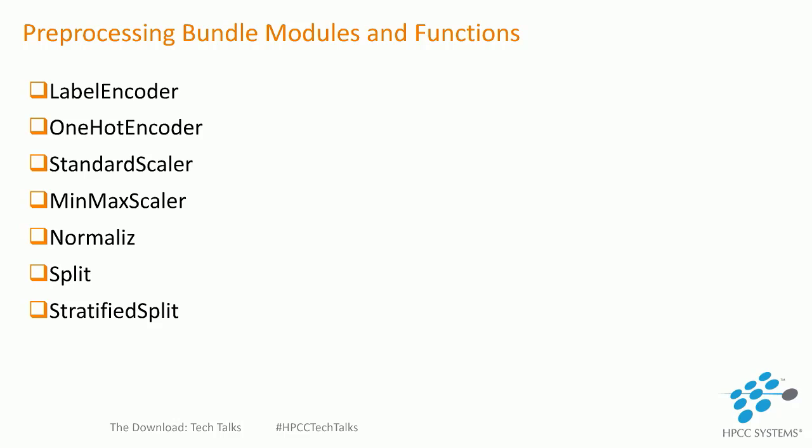The following three are standard scaler, min-max scaler, and normalize. They allow you to scale your data. And the last two, split and stratify split, allow you to split your data set into training and test sets easily. We'll present each of them individually.